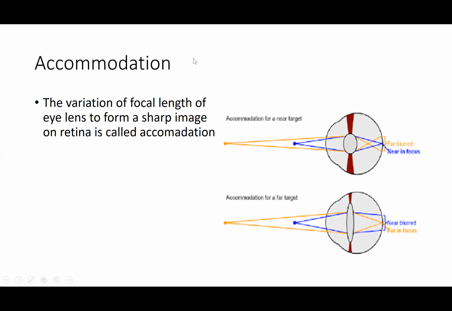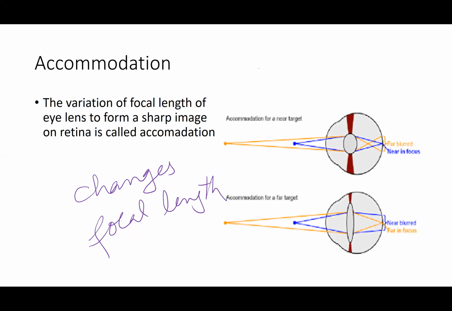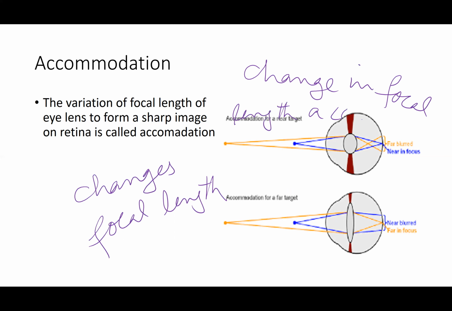Accommodation is actually the change in focal length according to environmental conditions.